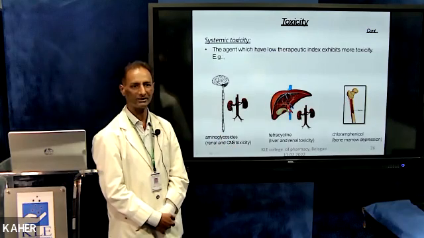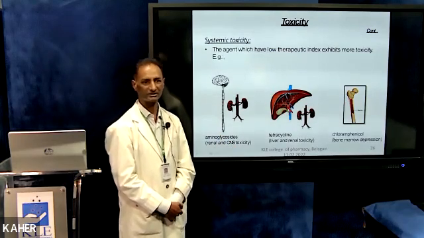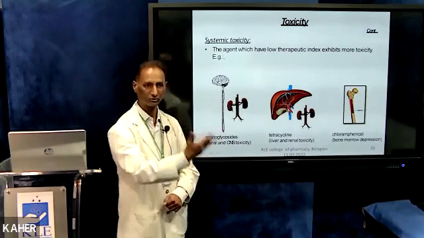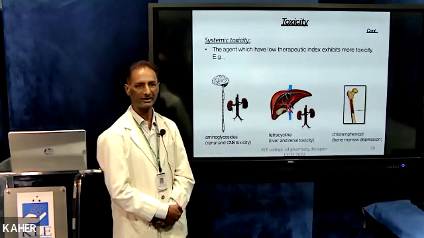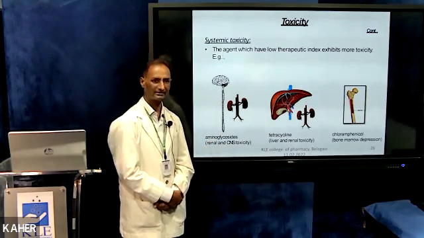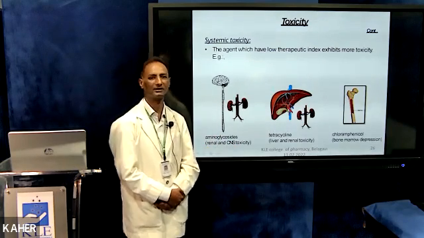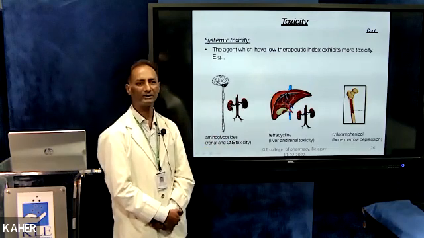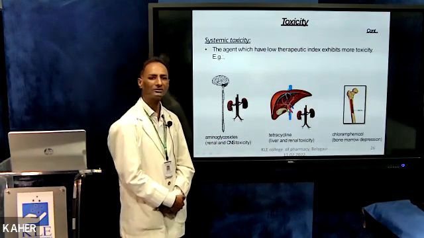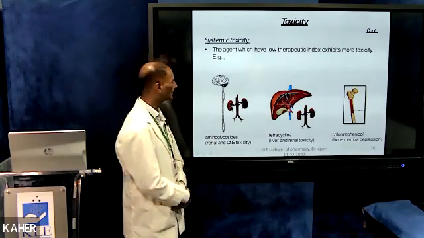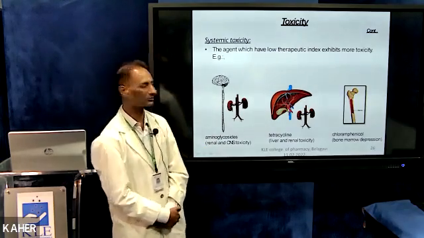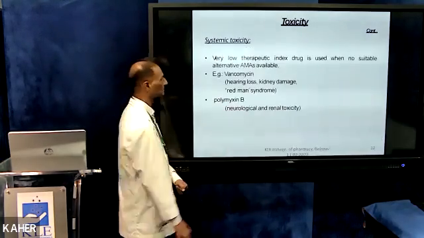They cause renal, CNS, and hepatic toxicity, and ototoxicity, and tetracyclines cause renal as well as liver toxicity. Whereas chloramphenicol can cause bone marrow depression.